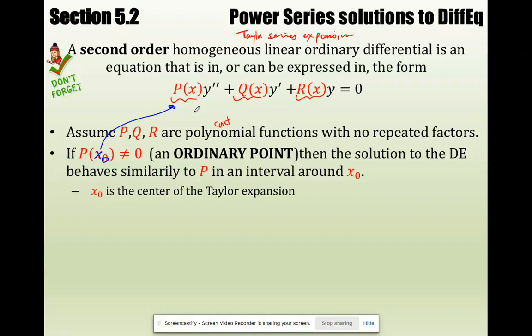We're assuming that we have y equals this infinite polynomial that was built by Taylor, so it has derivatives and is continuous. Everybody's a polynomial, so we're happy. Everything's cool.